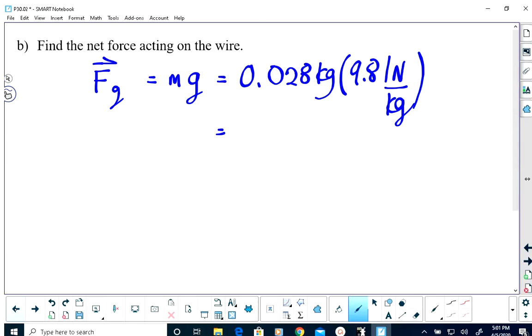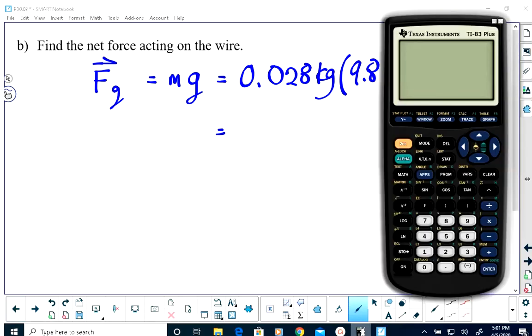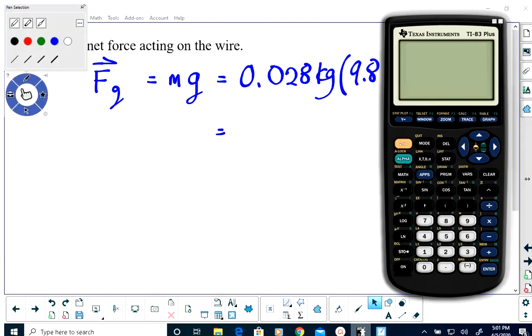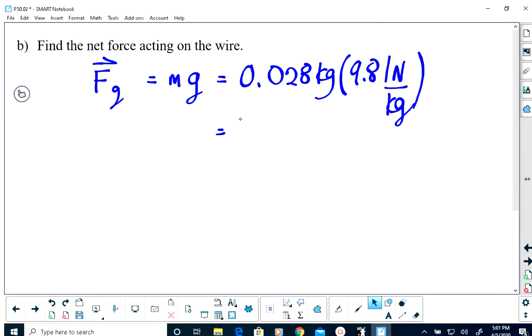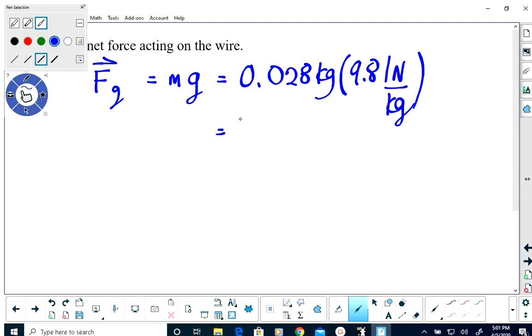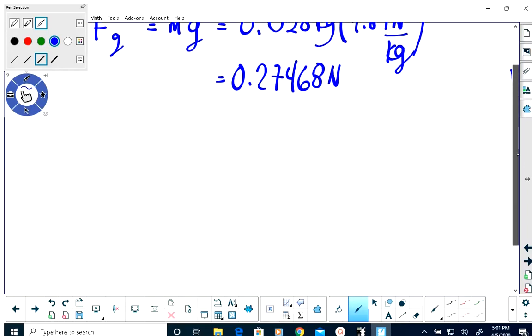What we get for a gravitational force is 0.27468 newtons.